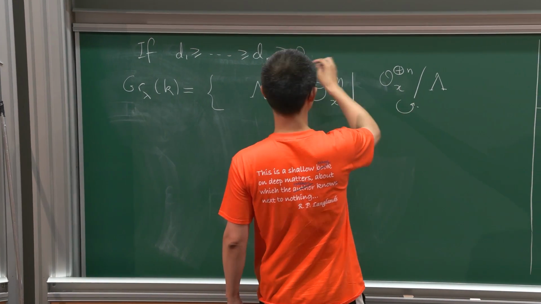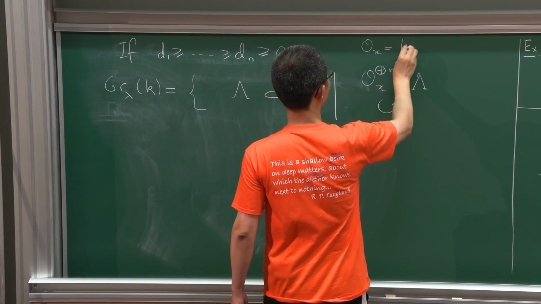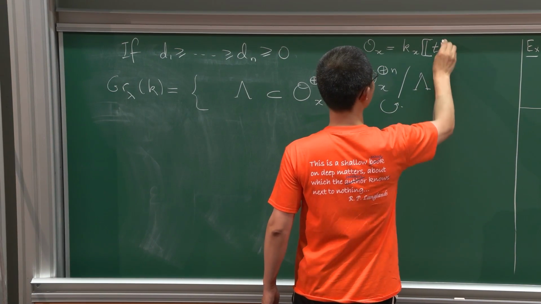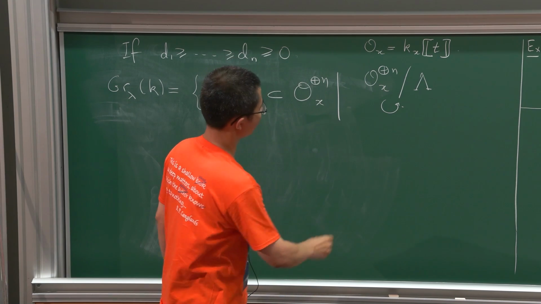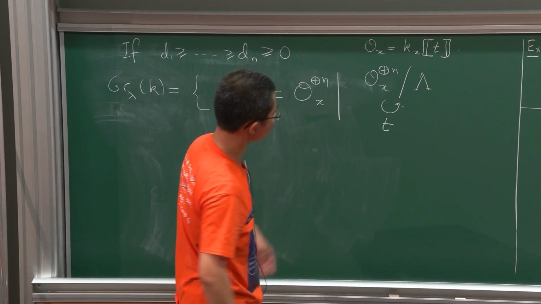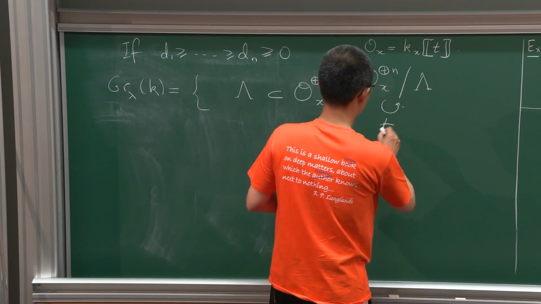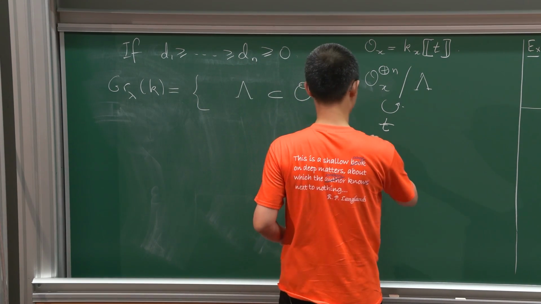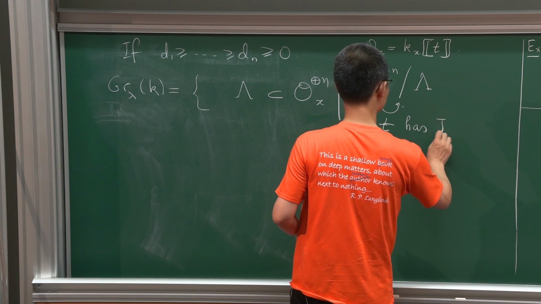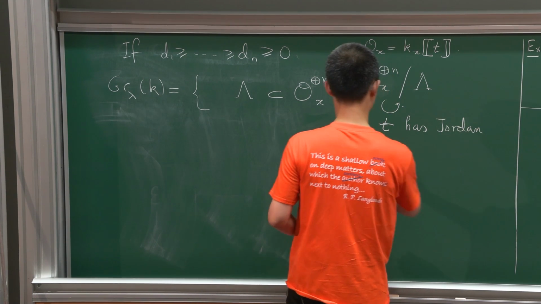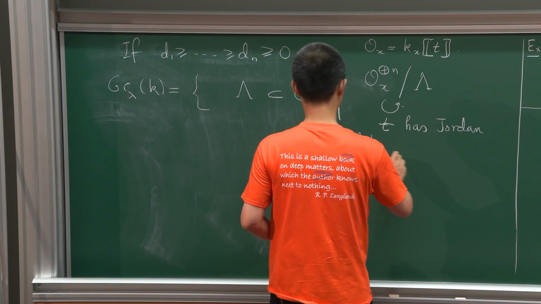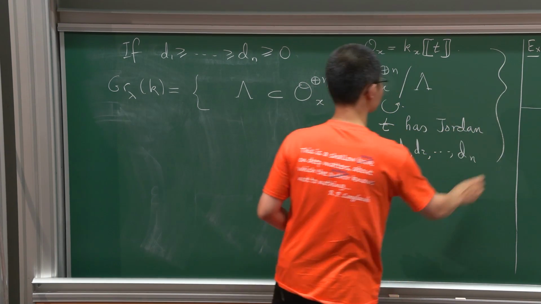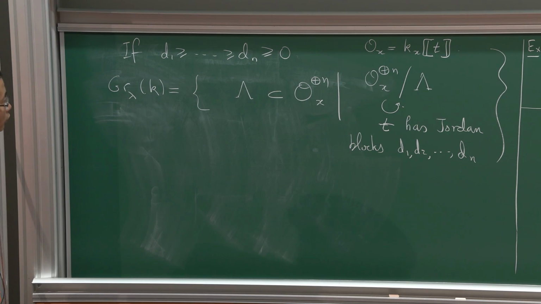If I pick a uniformizer t at x, it acts here by a nilpotent operator. And so the requirement is that the Jordan type of this nilpotent operator has Jordan blocks d1, d2, up to dn. So that's a very concrete description.